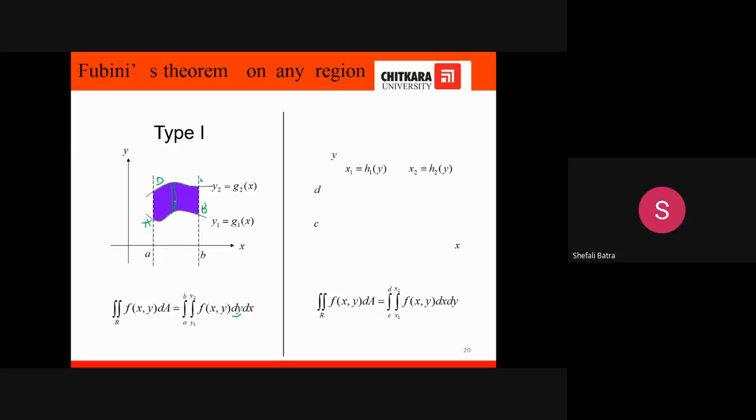And this is the vertical strip. This would be your initial limit, and this would be your final limit, right? And this is y. Initial limit is y1. So you'll be writing here g1(x) and g2(x).